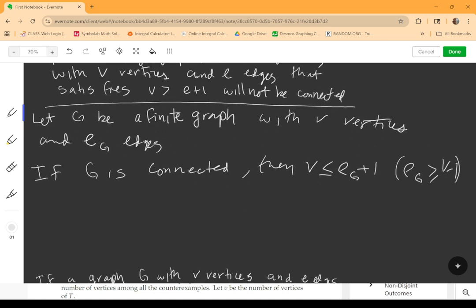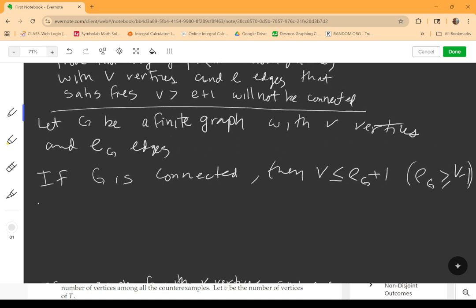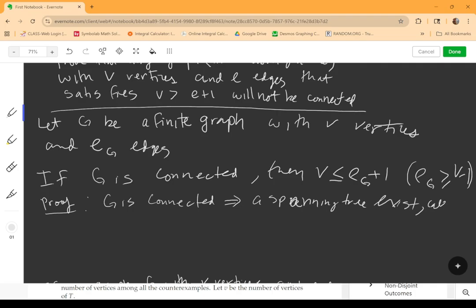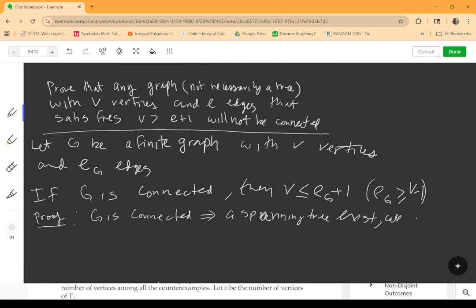So let's start here with our proof. We have G is connected by assumption. That means that a spanning tree exists, we'll call it T. Again, that was from one of the properties that we went over in a previous video.